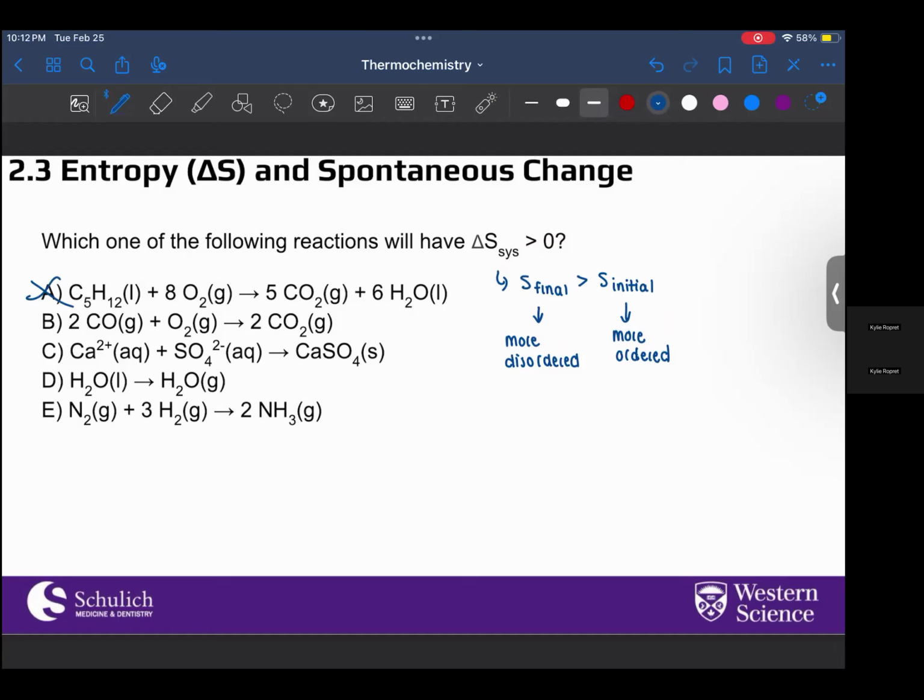Looking at the next one, again, everything's all gas, so let's count our numbers. So we have 2 moles of gas plus 1 mole, that's 3 on this side, and just 2 on this side. So again, we have an initial situation that's more disordered than our final situation, so that also will not be our answer.